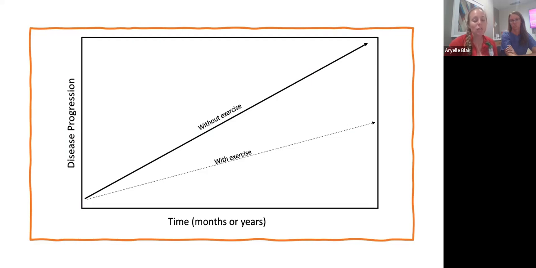Without exercise, we do expect to see disease progression and change in symptoms over time. With exercise, our goal is not to cure disease, not to reverse any changes, and not to completely prevent decline in function, but the goal is that that progression can be slowed over time. So that is the main goal with exercise that we want to set as a precedent.